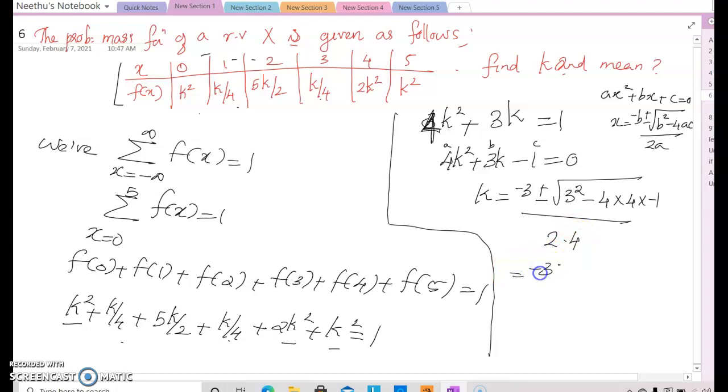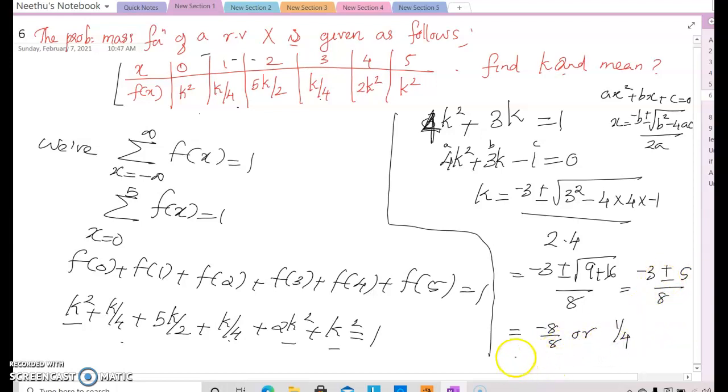That is minus 3 plus or minus root of 9 plus 16 by 8. So 9 plus 16 25, root 25 5 വരും. Minus 3 plus or minus 5 by 8 വരുമ്പോൾ minus 8 by 8, or ഒരെണ്ണം ഇനി 5 minus 3 2 by 8, that is 1 by 4.